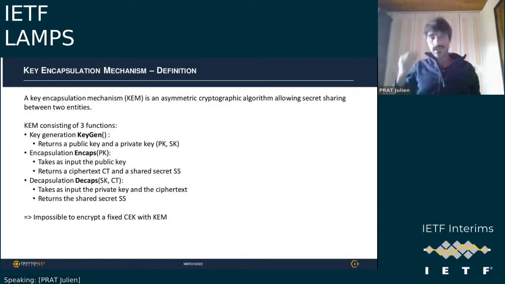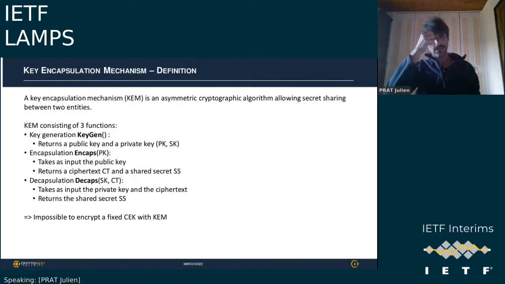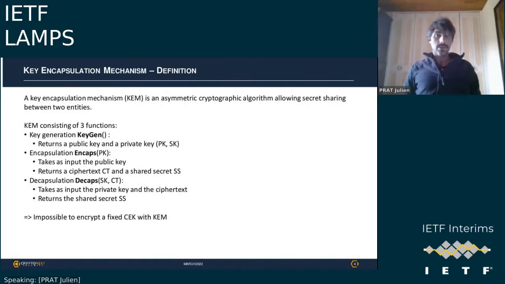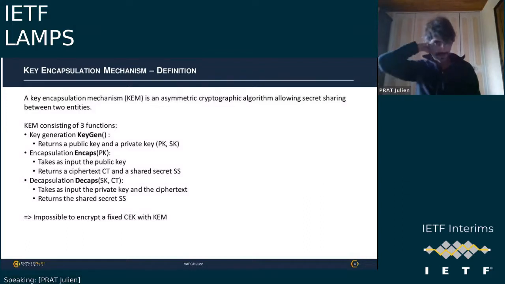And as I said previously, the problem comes from the encapsulation function, which outputs a random shared secret. And then it's impossible to encrypt a fixed content encryption key with a KEM as defined here. So next slide, please.